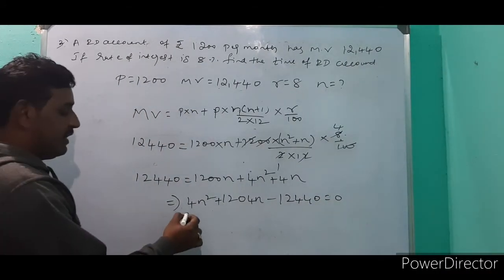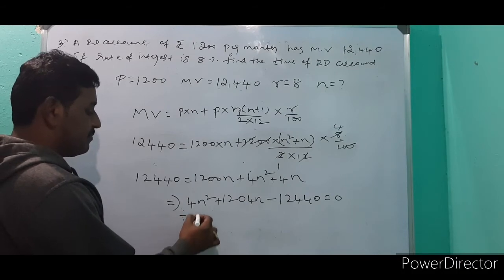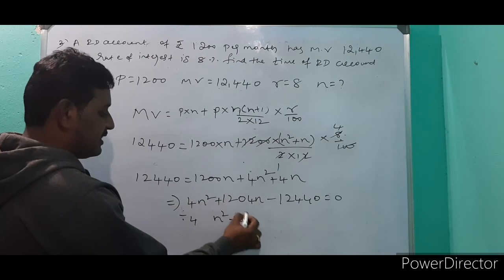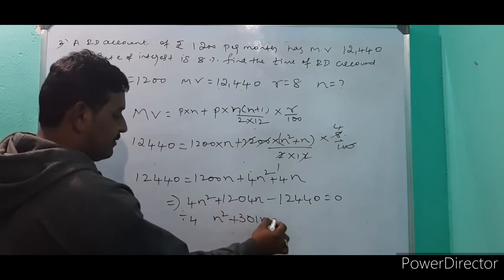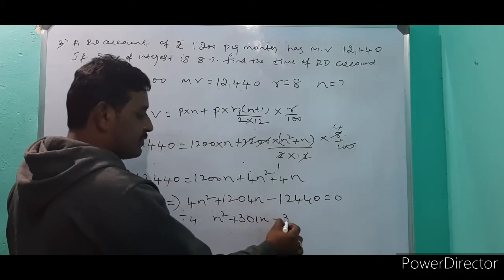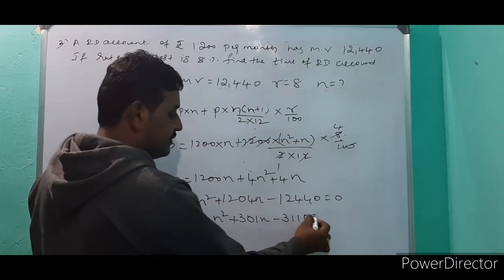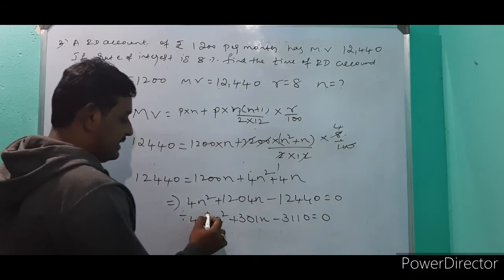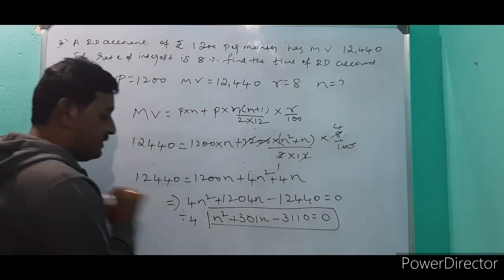So here you can divide it by 4. So that is N square plus 301N minus 3110 is equal to 0. So what is the equation you are getting here? This is the equation.